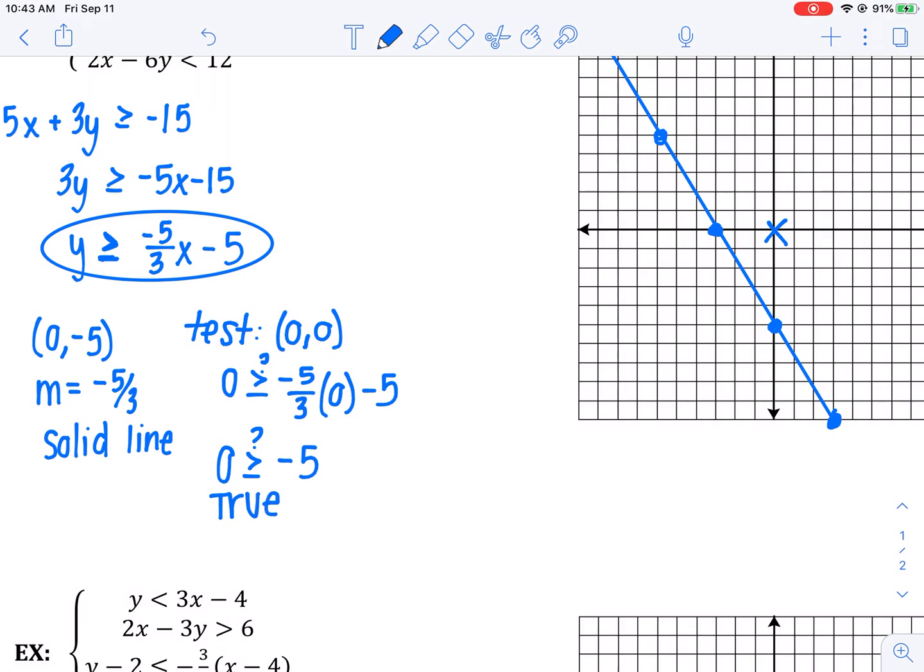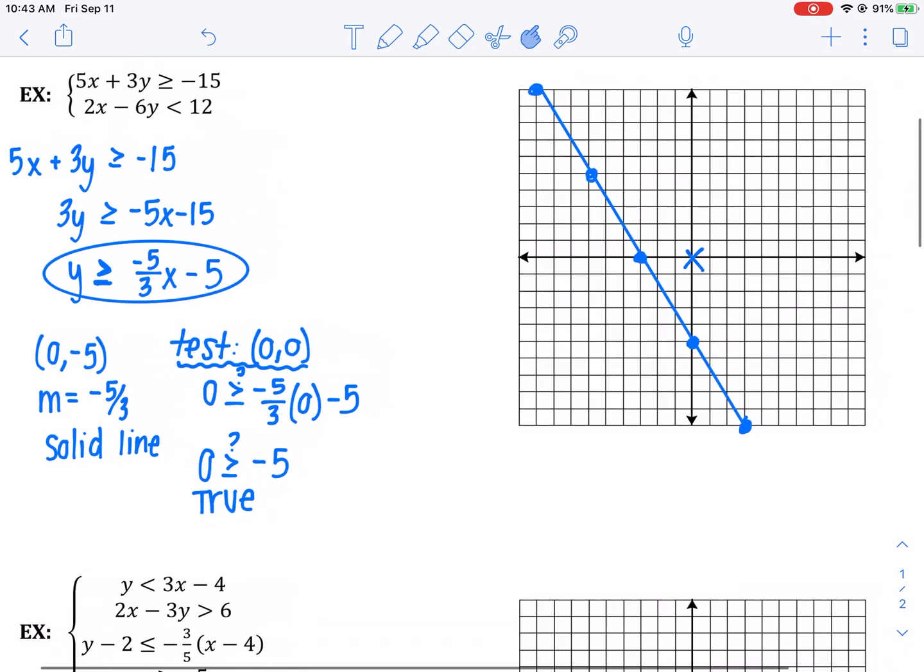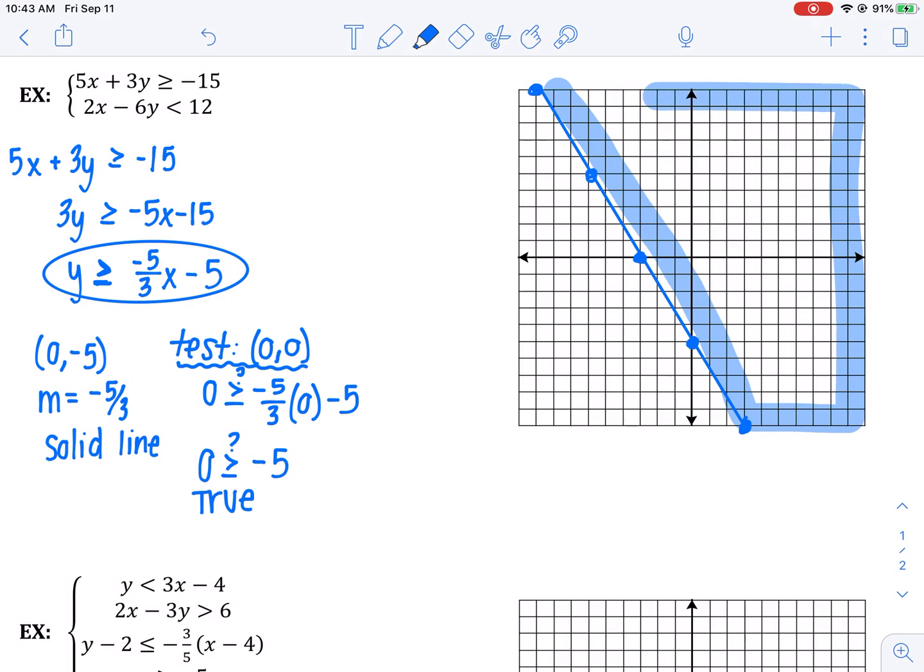Since it's true, I know I'm going to shade where the point 0, 0 is. In this case, it's to the right side. So all of this over here is my true solution. So shade it very carefully. You know that the whole thing over here is true.